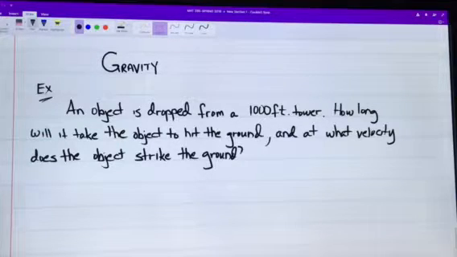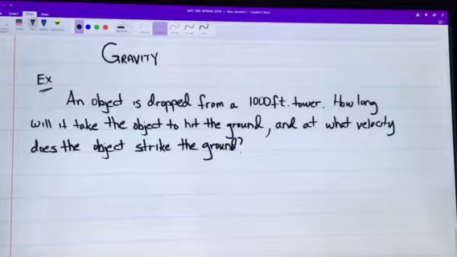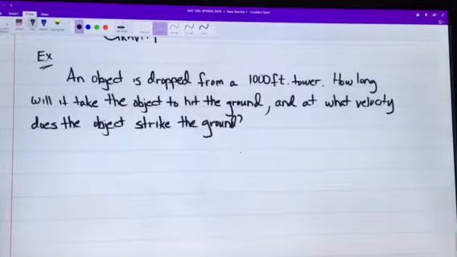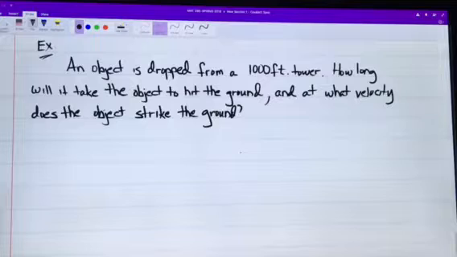Okay, so we're looking at the English system of units, and a 1,000 foot tower. We looked at correlating velocity, acceleration, and distance.